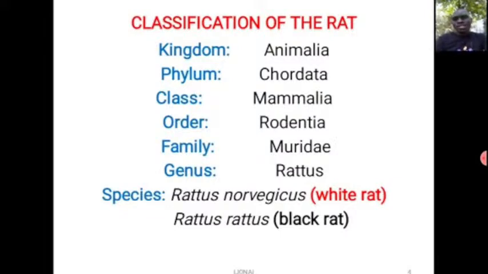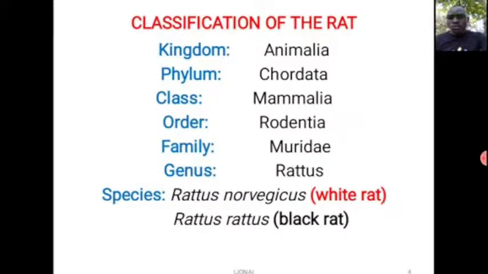And then class Mammalia. We actually belong to the same class as the rats. They are also mammals. Order Rodentia, meaning they are rodents, with squirrels and other members. Then we have family Muridae, genus Rattus.